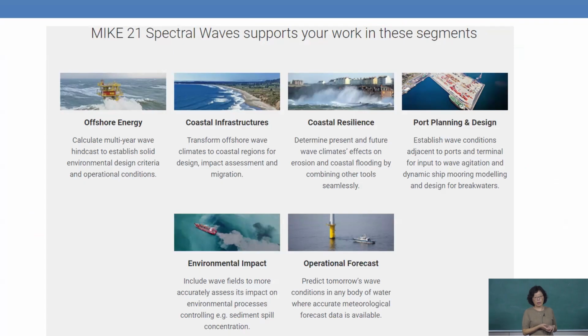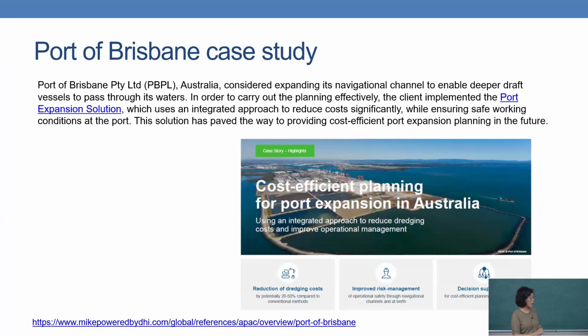That's something we do a lot nowadays, because when you are talking about resilience, you are talking about risk or damage, and a lot of the time that has to be based on the wave data you have. Also port planning and design, and of course environmental impact. All of that can use the MIKE SW modeling results, and then you continue with what you are doing.